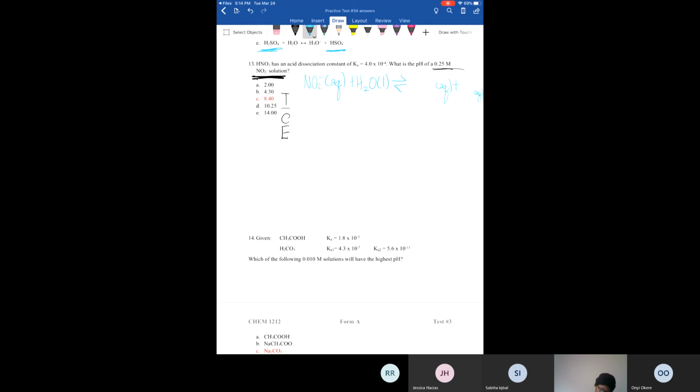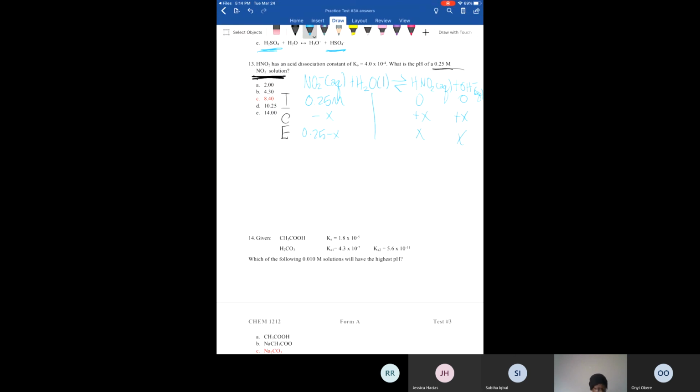So NO2 minus and HNO2 and OH minus. This is a little different. So 0.25 goes here. It's going to be minus X, 0.25 minus X. That doesn't matter. It's going to be 0, 0 plus X and X and X. Okay.